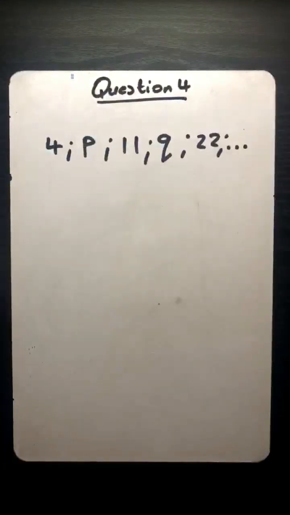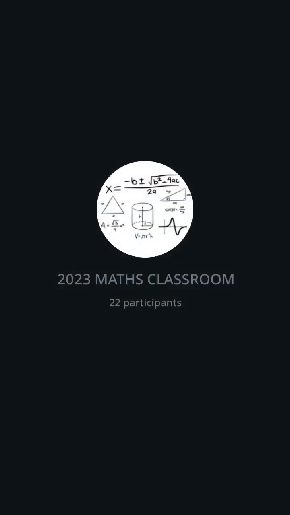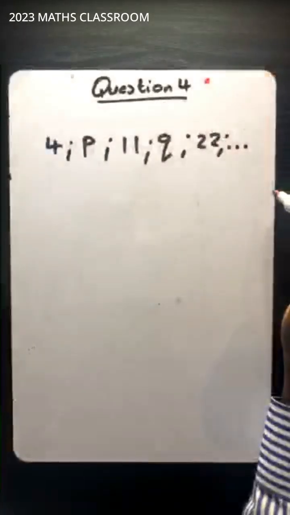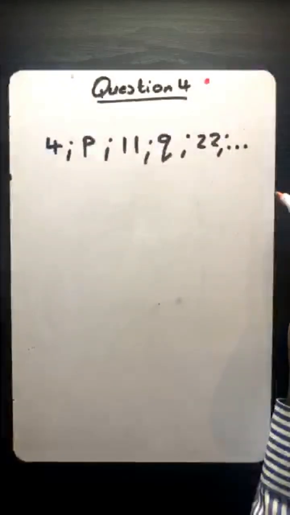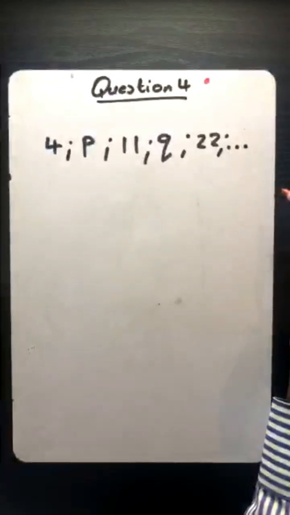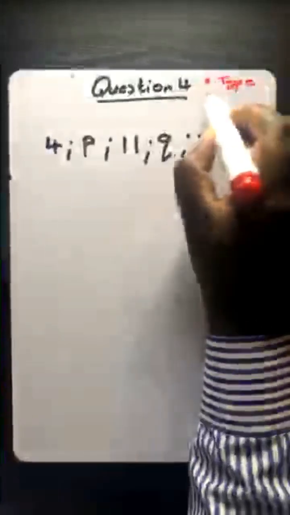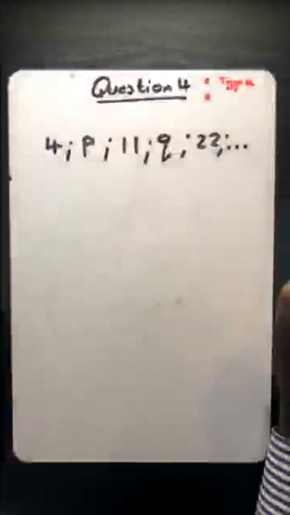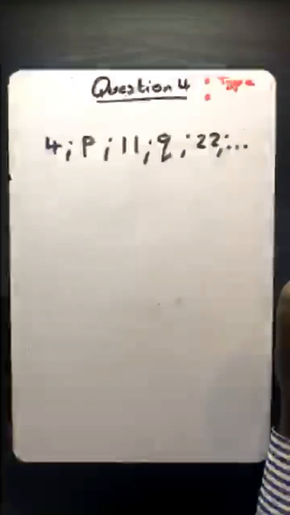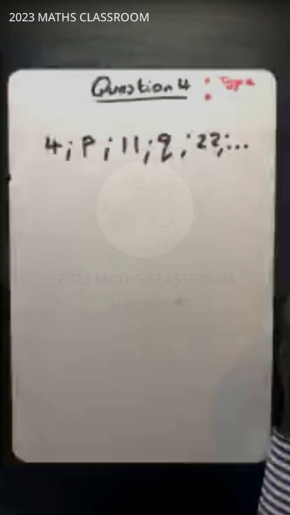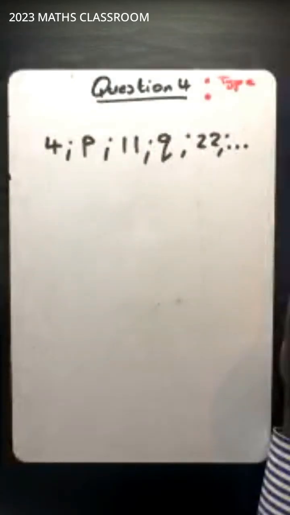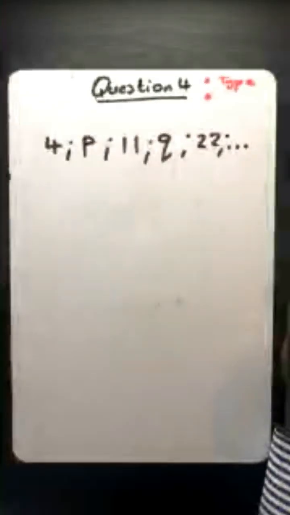For those of you who still remember, I did indicate that when we are dealing with a sequence and series, the first thing you need to ask yourself is, what type of number pattern is that? So you look at the type, and in case you do not know what the type is, you might need to try and find out.